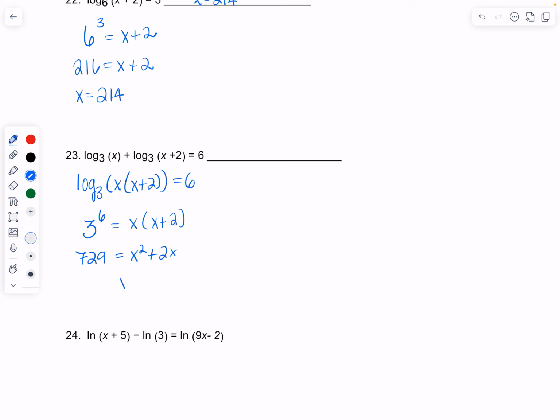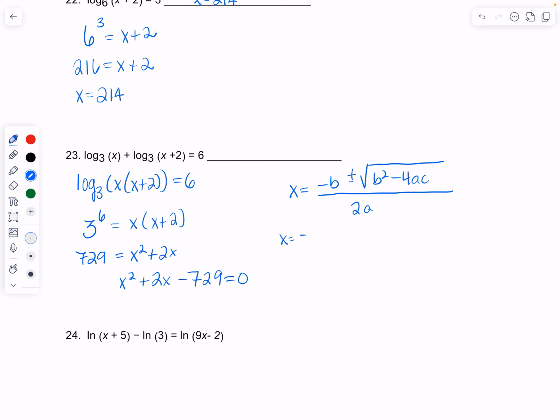Now we have a quadratic. So x squared plus 2x minus 729 equals 0. That doesn't factor out, so you're going to use the quadratic formula. x equals negative b plus or minus the square root of b squared minus 4ac, all over 2a.